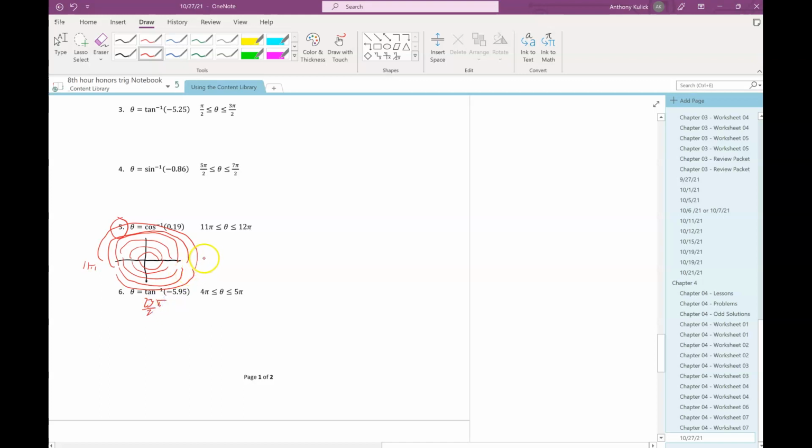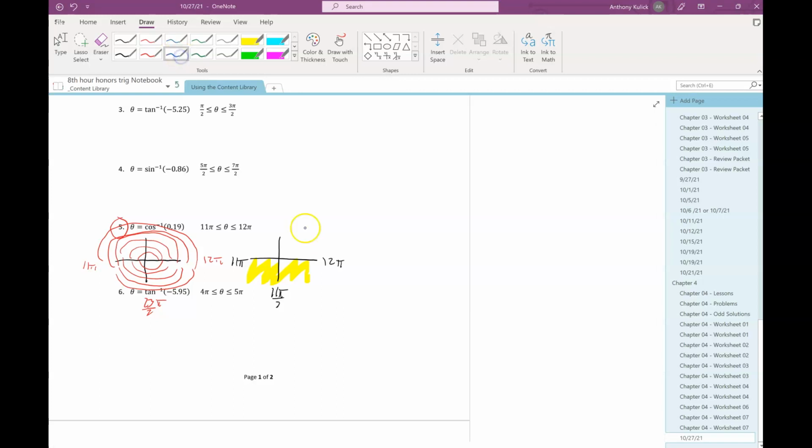That's 11.5 pi, and then 12 pi is over here. I'm going to draw this now so it's a little less messy. But we know we're looking in quadrants 3 or 4 here. So far, so good.